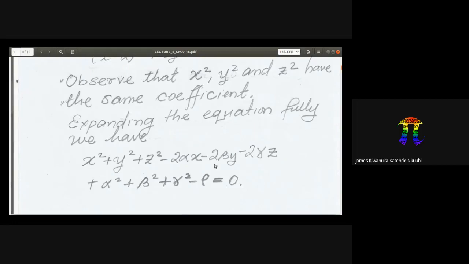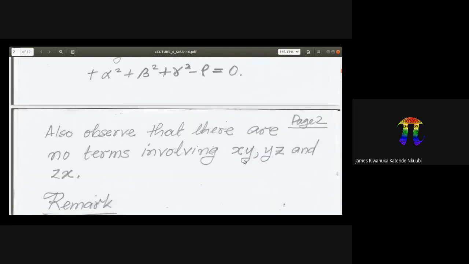There are no terms that involve xy or yz or zx. So there are no cross product terms in the equation of a sphere. You might find these when we look at some of the quadric surfaces, and there you might find some of these cross product terms.